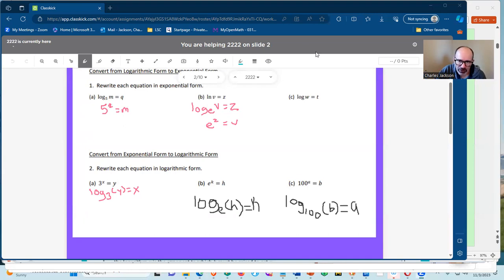You didn't do anything wrong. I was just saying that part B down here on the bottom is the same thing as ln h equals k. Same thing.